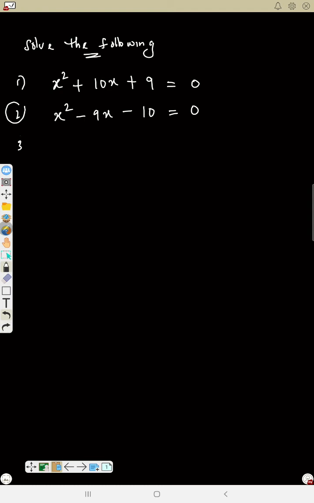Let's say number 3, x squared plus 9x minus 10 equals 0. So try this one too. We've solved the one with plus and we solved the one with minus.